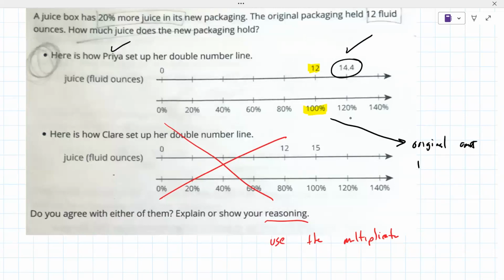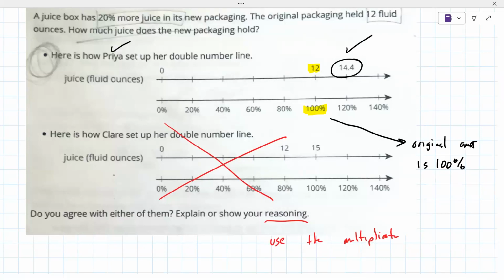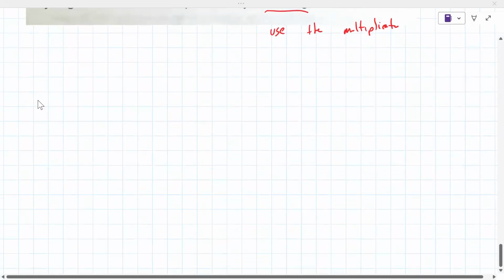And that's why Claire is incorrect, because her original amount is 80%. So that's how I would answer that one if you need to get some of that down. Do you need some time to write anything down, or can I move on here? You can move on.